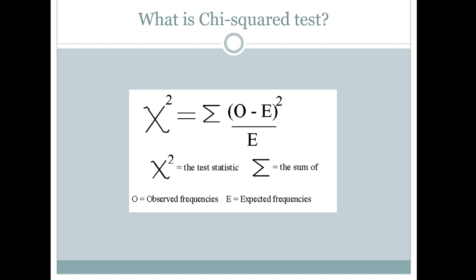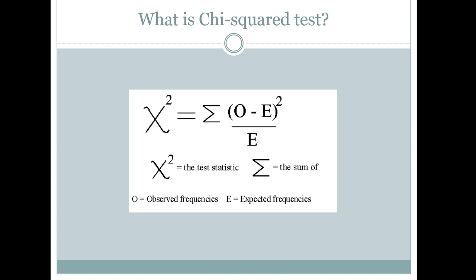So again, back to what is chi-squared. What's the formula when we talk about chi-squared test? Well, chi-squared is represented by X squared, the sum of the square of the observed values minus the expected values, divided by the expected values.